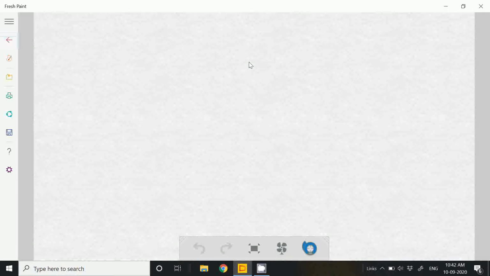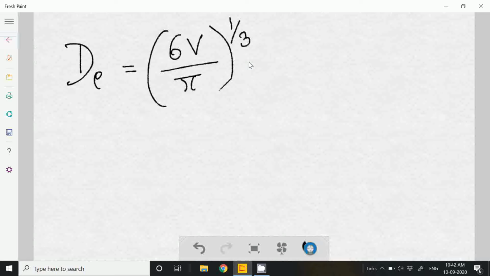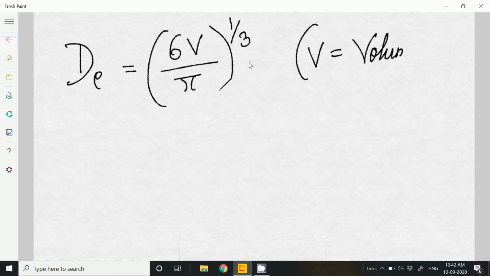DE, equivalent diameter, is equal to (6V/pi) to the power 1/3, where V is the volume of the particle, of the soil particle.